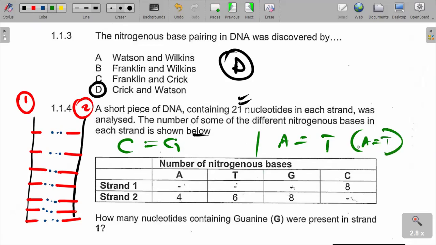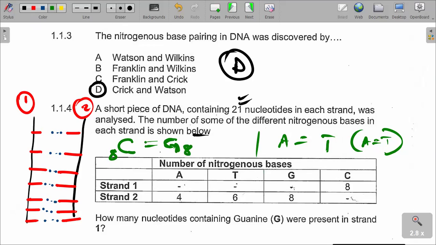Of T. We get A, we must get T. The number of nitrogenous bases in strand 1 must be equal to the opposite strand. If we have cytosine bases that are 8, it must also mean that in the opposite strand we must also have 8 what?